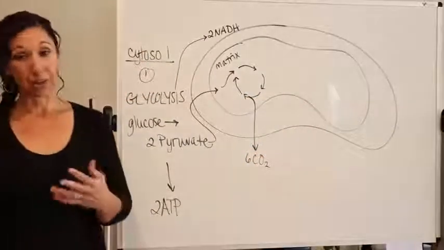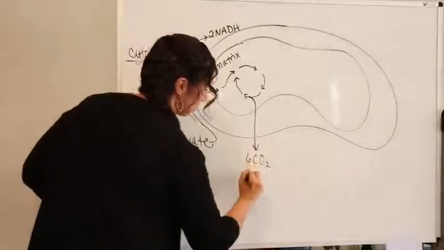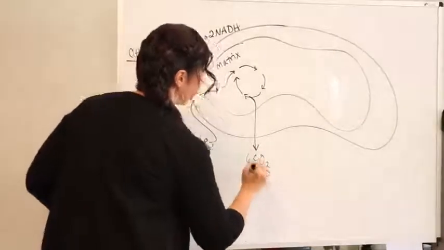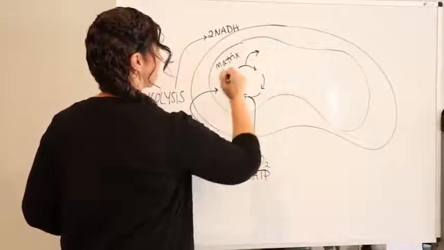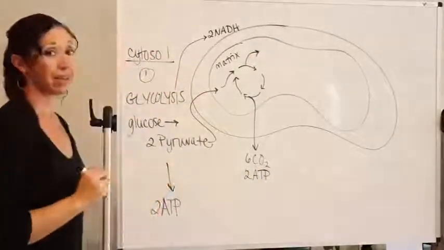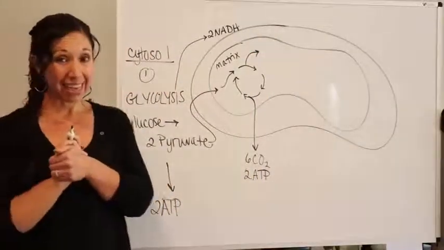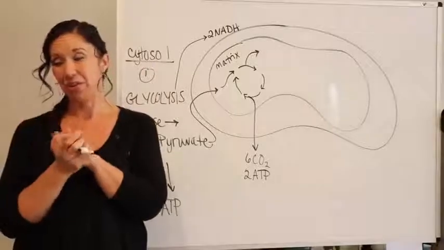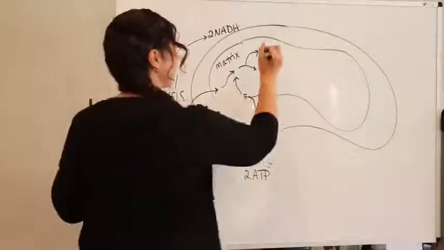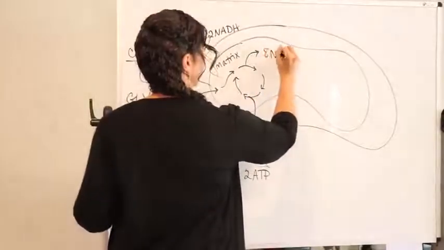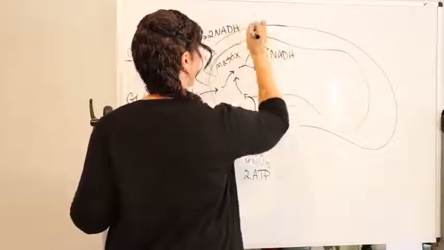You're going to make a total of 2 ATPs. But you also have your electron carriers that you're making as well. So remember, you make 8 NADHs and 2 FADH2s. So 8 NADH, you've got protons in here as well.